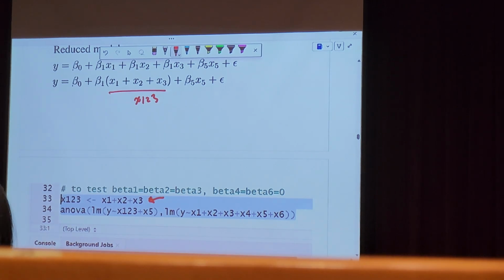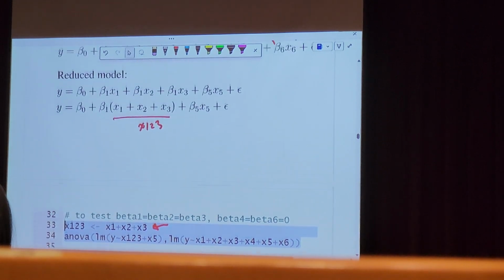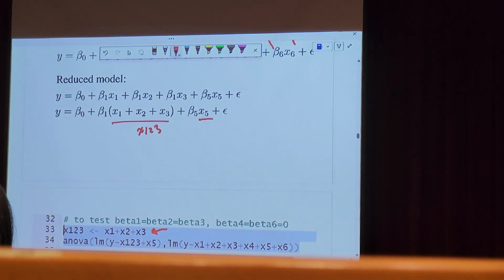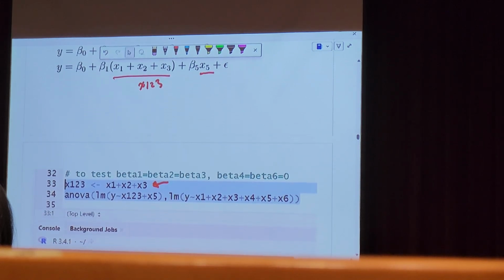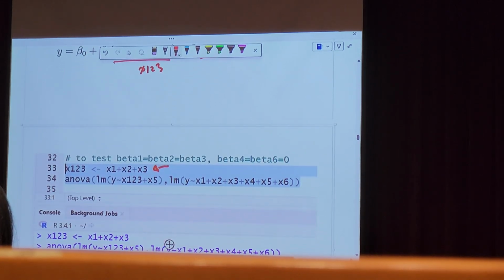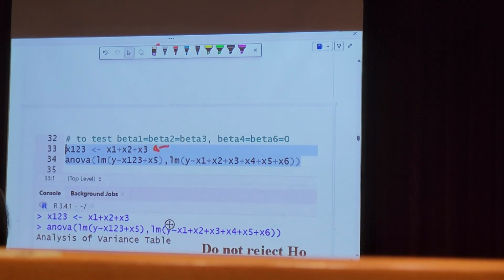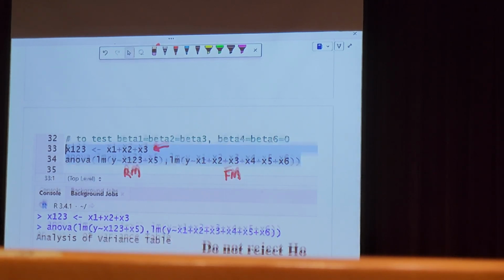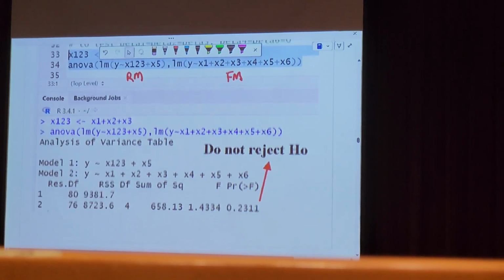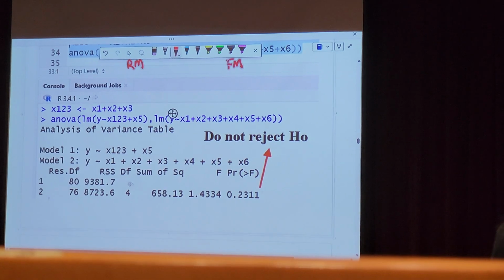And x5, I can call it z2, but it doesn't matter. You can just leave it at x5. So my full model is here, and my reduced model has two regressors only, and then I can test the 4 constraints. Can you see? R is 4.